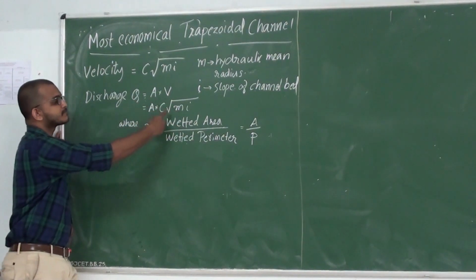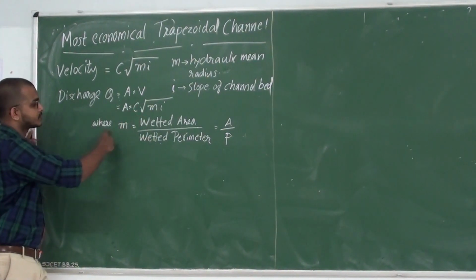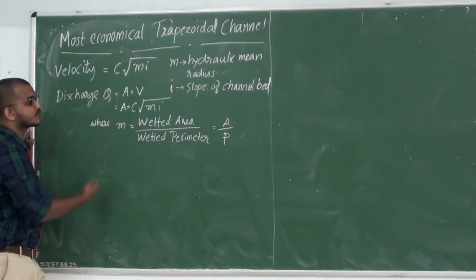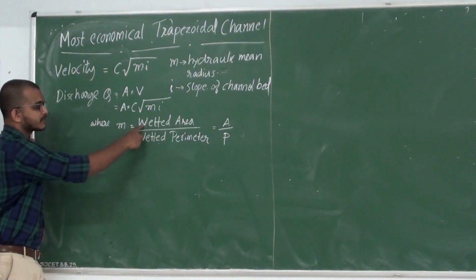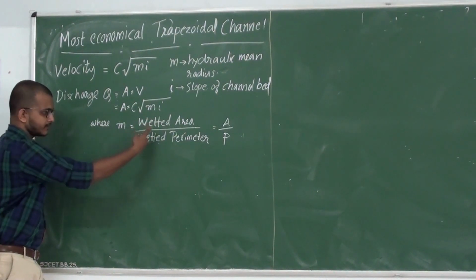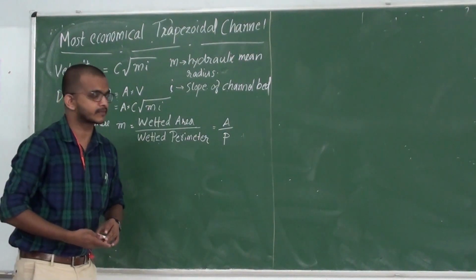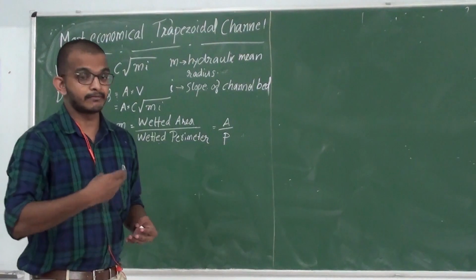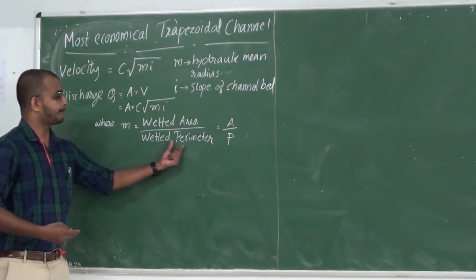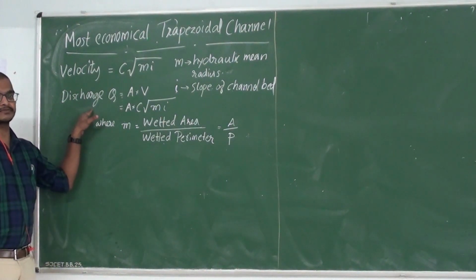So, the discharge is maximum when hydraulic mean radius m is maximum. What is m? Hydraulic mean radius m is equal to wetted area by wetted perimeter. So, the hydraulic mean radius is maximum for a given area when wetted perimeter is minimum. So, we have to minimize the wetted perimeter, keeping area constant, so that the discharge can be maximum.